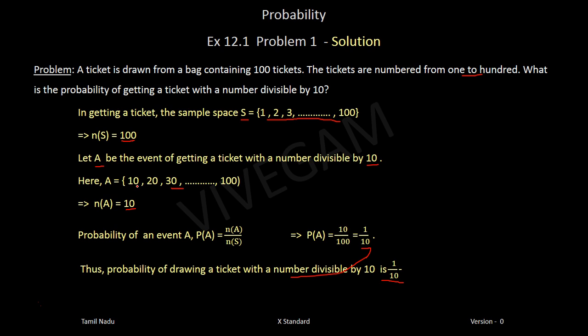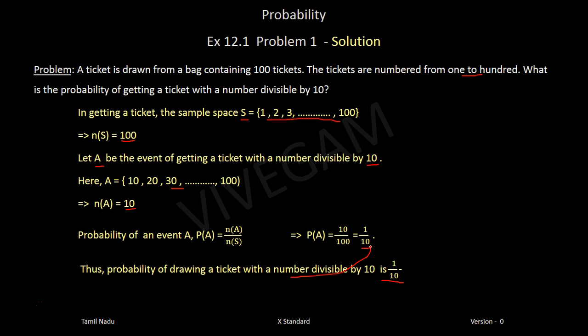How many ways can A happen? 1, 2, 3, 4, 5, 10 ways. So N of A is 10. Then the probability of event A is N of A divided by N of S, that is 10 by 100, which is equal to 1 by 10.